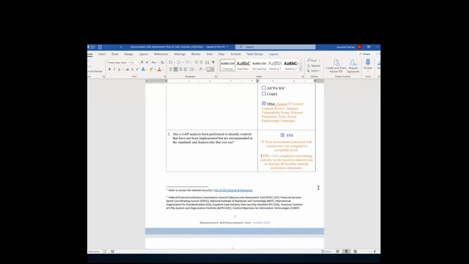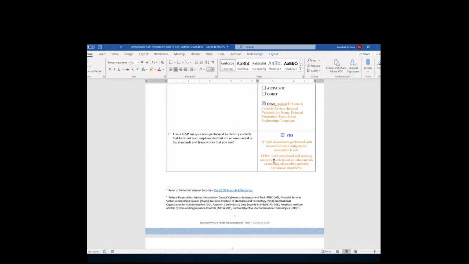Also, the FFIEC CAT has been completed and is meeting the maturity levels based on your inherent risk. If your inherent risk is higher, like moderate, it puts you in the category of needing to meet the evolving declarative statements. But if it's like most community banks, I think regulatory expectations are that all baseline maturity levels are met, and then you start looking at your inherent risk to see if you need to meet the evolving category as well.